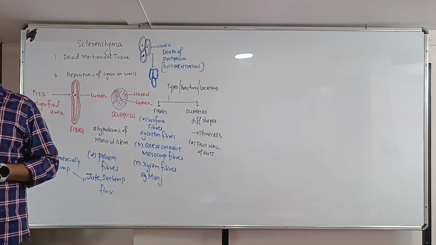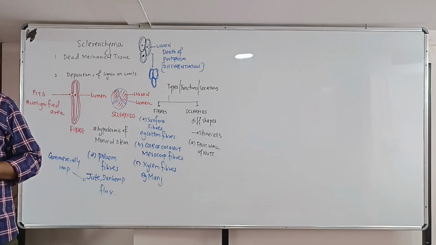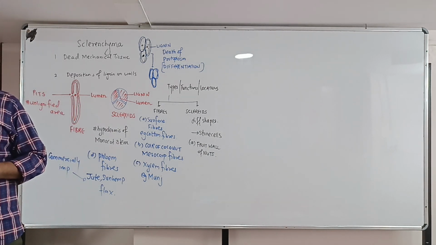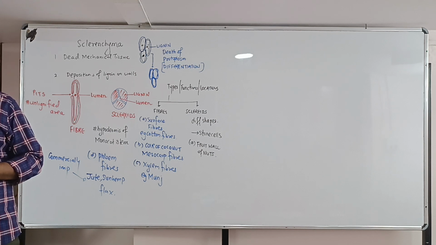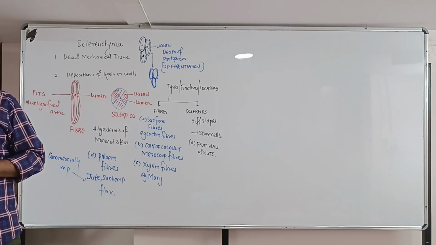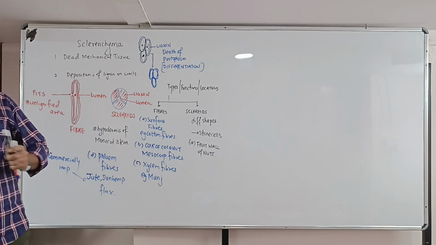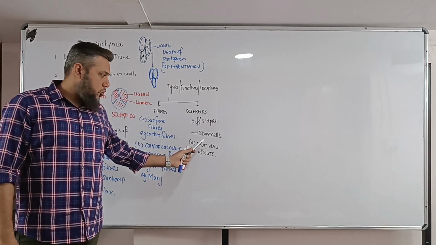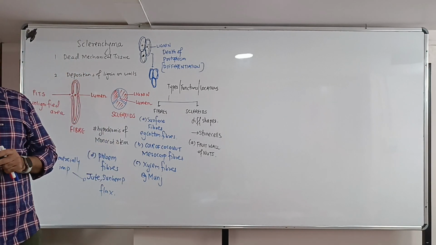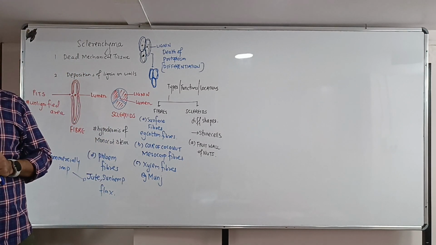Have you eaten a walnut, children? How is a walnut's wall? Tough. Akhroot ka wall kaise rehta hai? Extremely tough. Similarly, kids, you must have observed the inner shell of the coconut. These are all made up of what, children? Sclereids. So it is written there, it is found in the fruit walls of nuts.